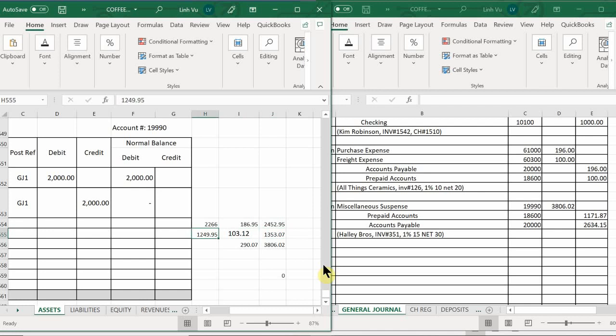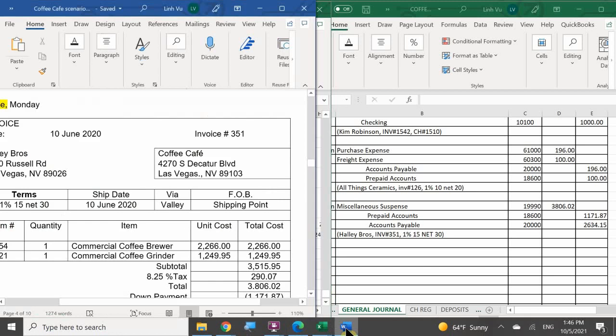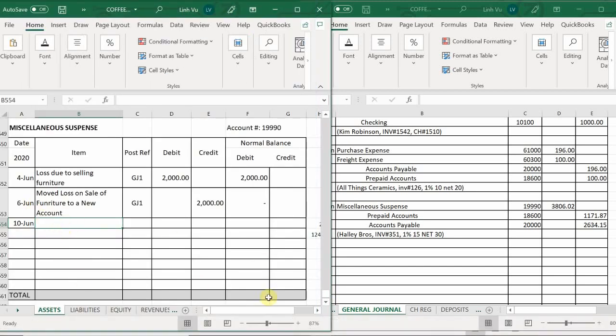I'm going to make a note saying that my coffee brewer cost $2,452.95.